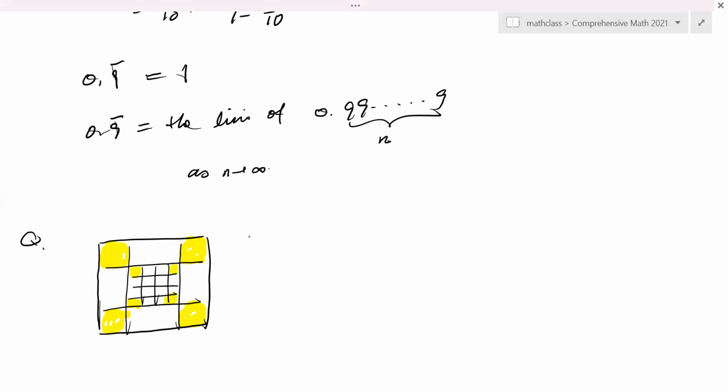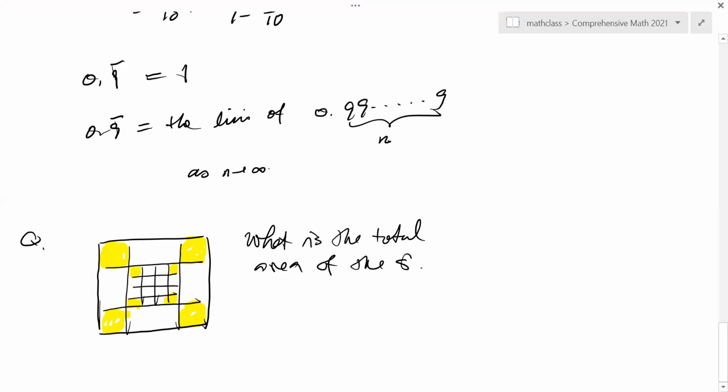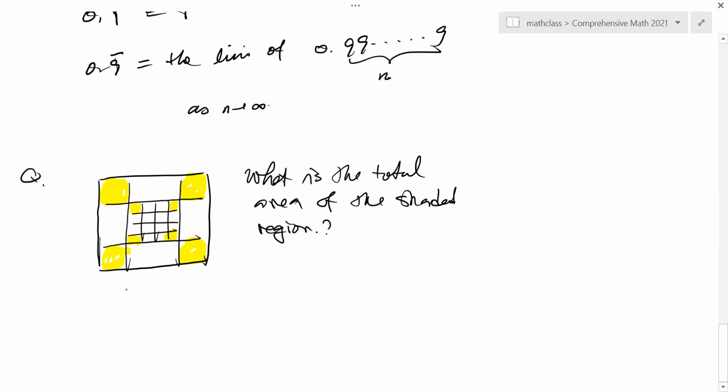The question is, what is the total area of the shaded region in this picture? And this is a unit square.